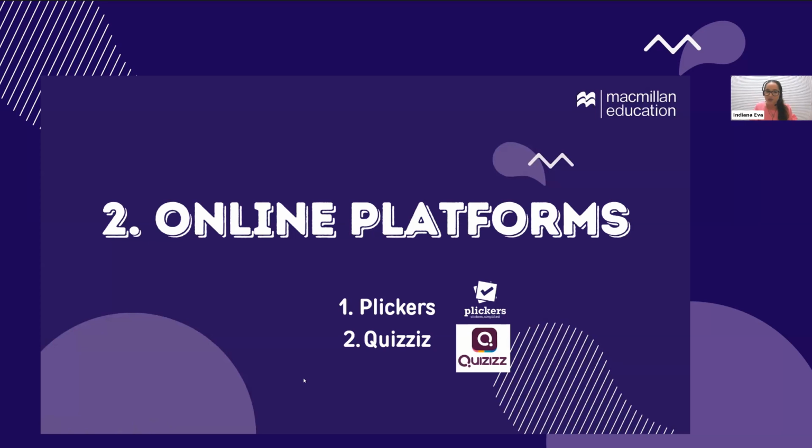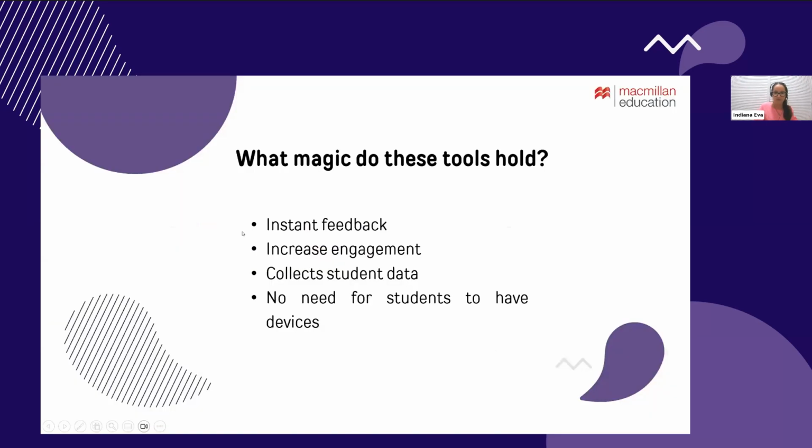So the second one I'm going to look at is online platforms. I'll be particularly looking at Plickers and quizzes. What I like most about these tools is that they give instant feedback, and they collect student data at the same time.